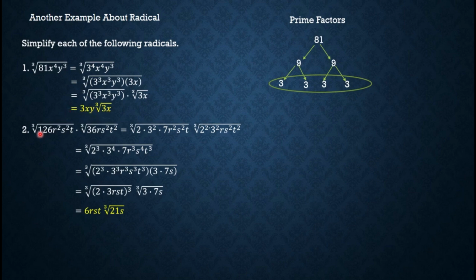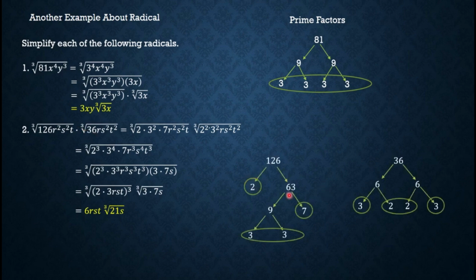So, another example. Cube root of 126 r squared s squared t times the cube root of 36 s squared t squared. It is the same as number 1. We find the prime factors of 126 and 36.